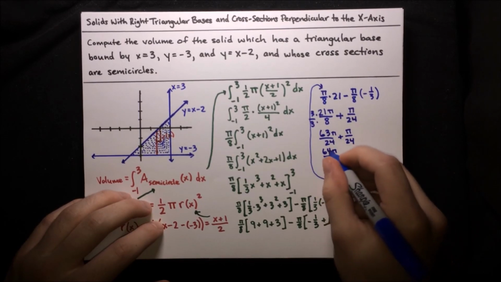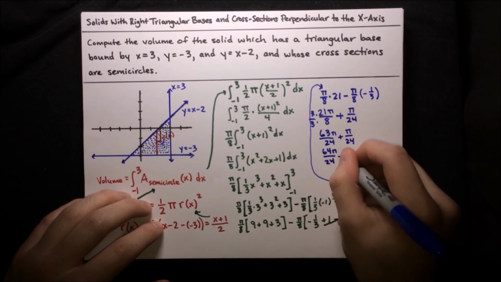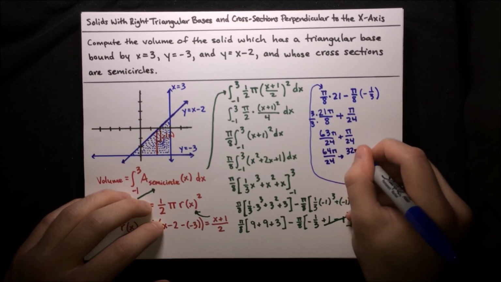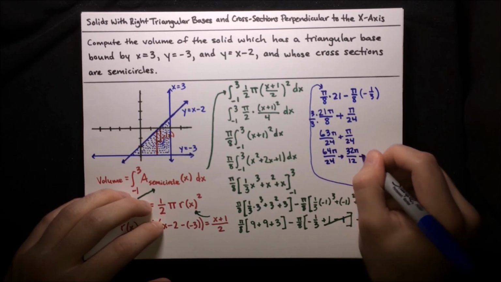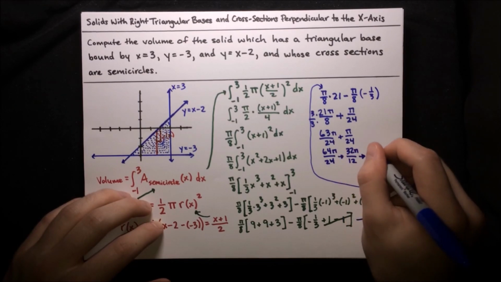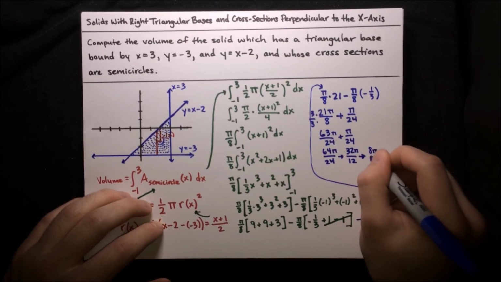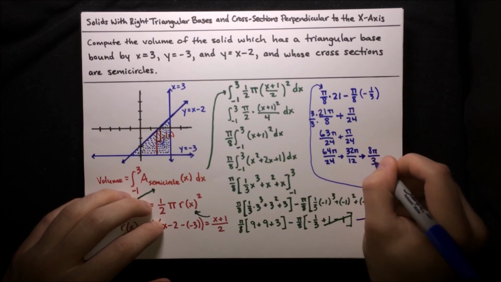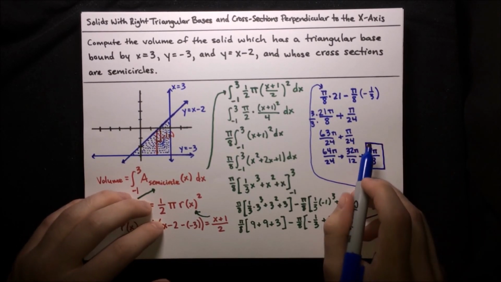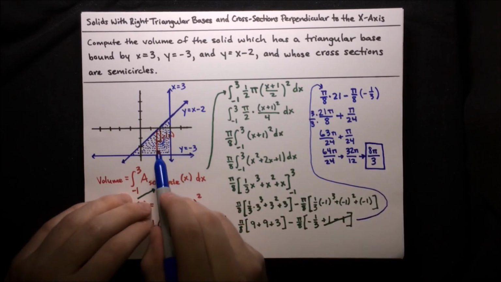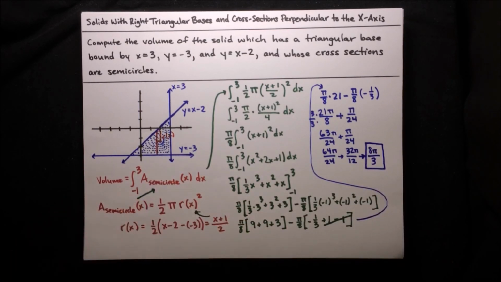And we can reduce that, divide top and bottom by 2, that goes to 32 pi over 12. Both of these are divisible by 4, so divide by 4. 32 divided by 4 is just 8, so 8 pi, and then bottom 12 divided by 4 is 3. So 8 pi over 3. That's our final result. That's the volume of that solid whose base is here and whose cross sections are semicircles.